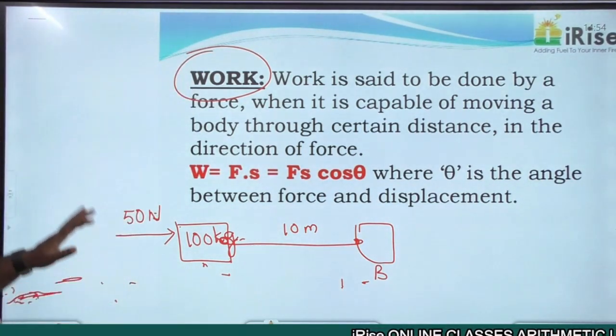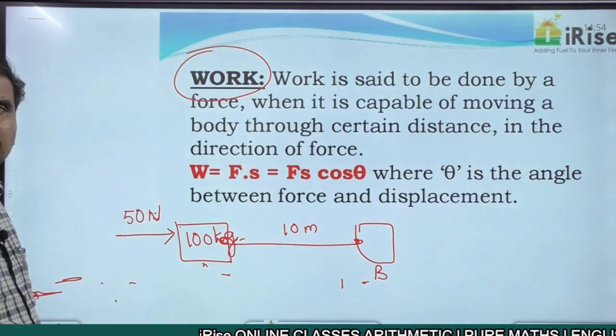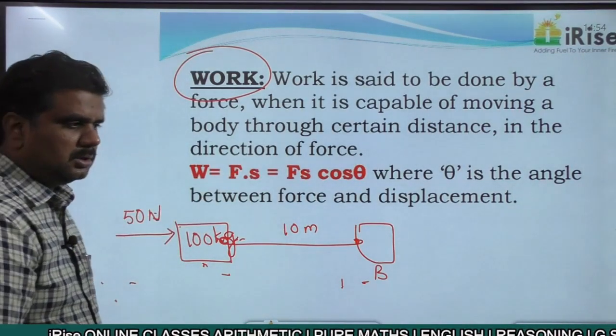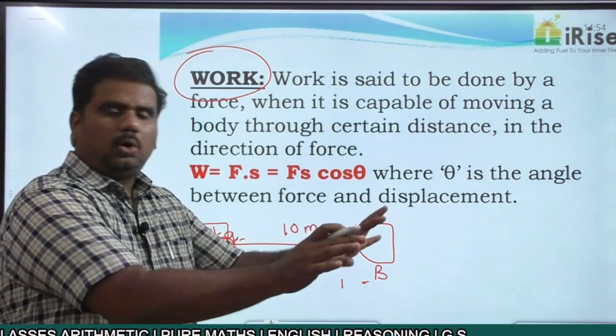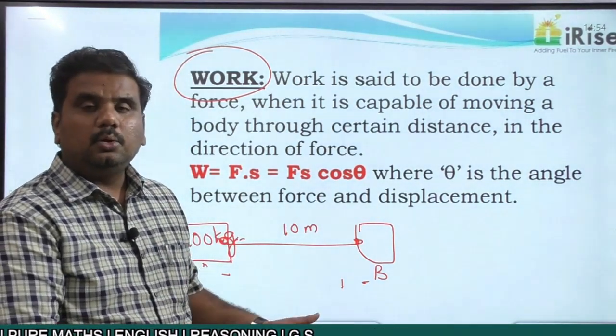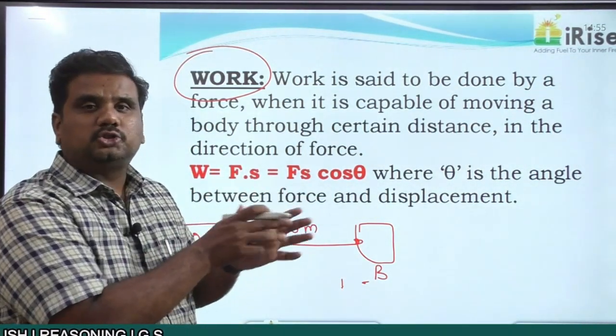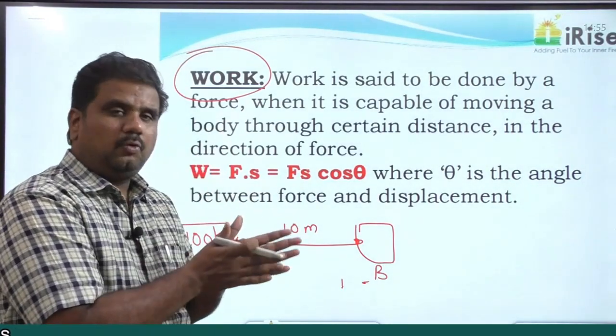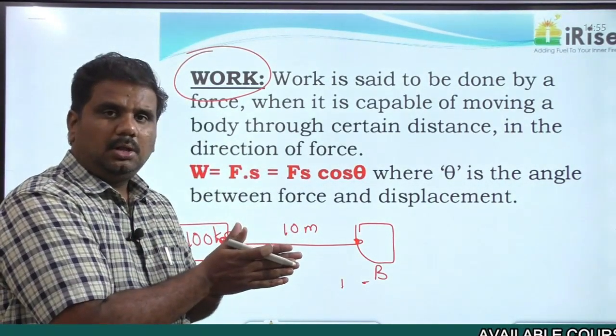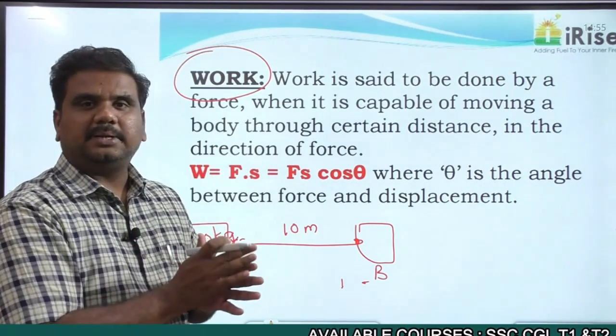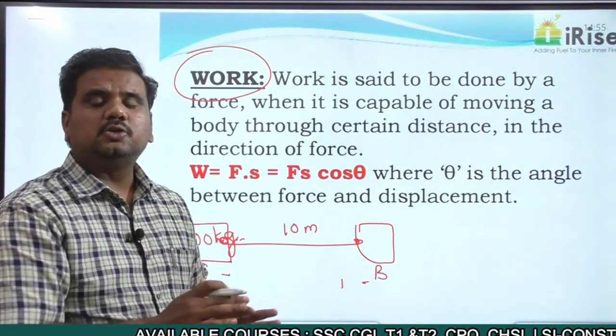Now suppose that onto the wall in the house, 10 persons are trying to push the wall. Will the wall move? No. Even though we are trying to push the wall, the force applied on the wall is producing 0 displacement, as a result of which the amount of work done is also equal to 0.